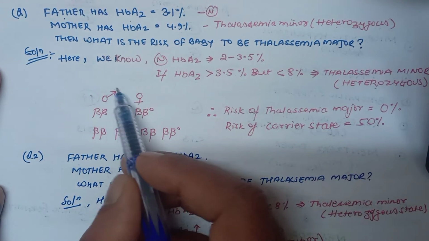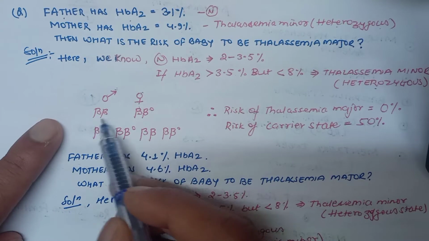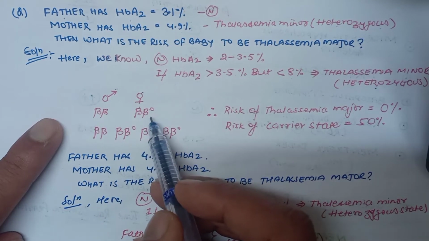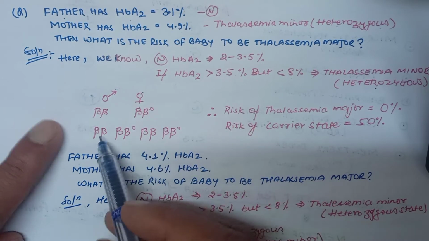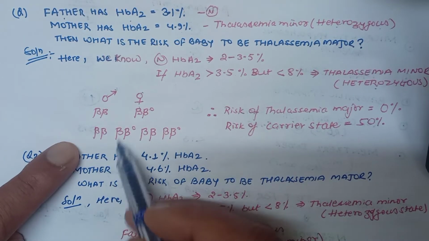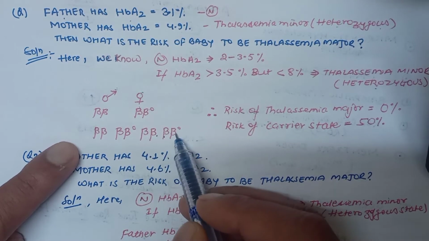So the father is normal, that is beta beta, and the mother is heterozygous, that is beta beta 0. So we get beta beta, beta beta 0, beta beta, and beta beta 0.